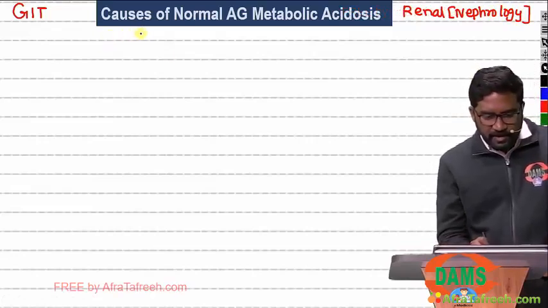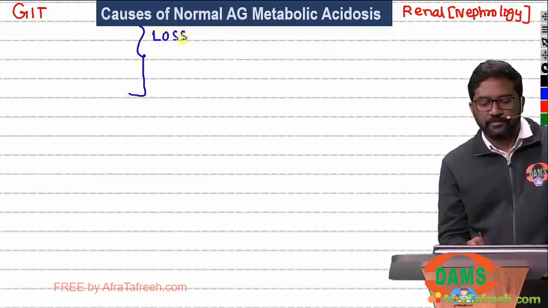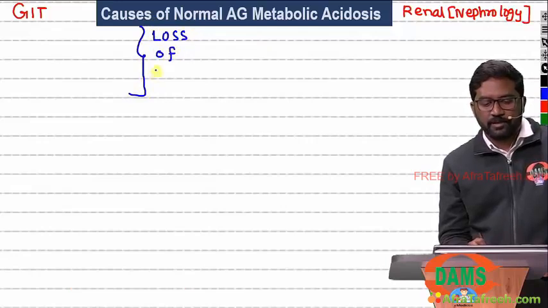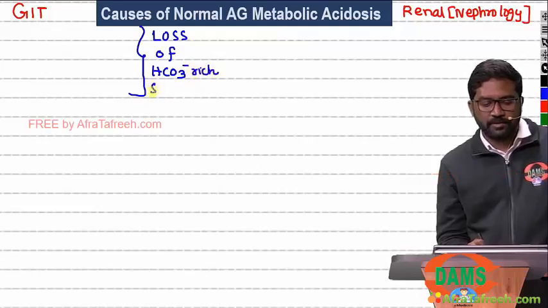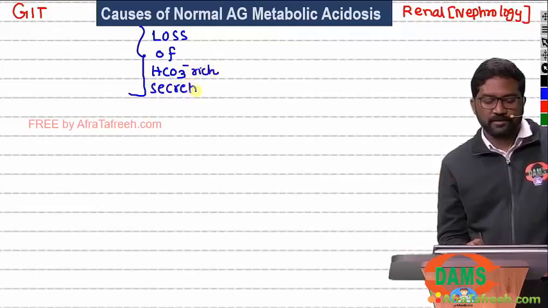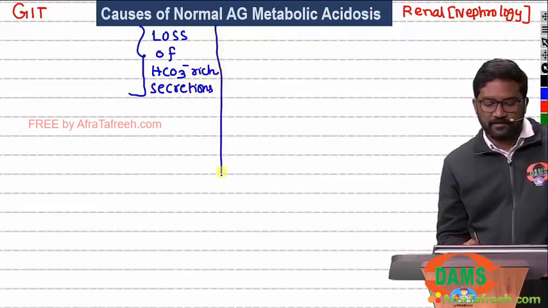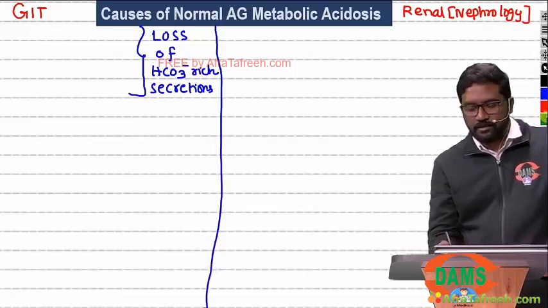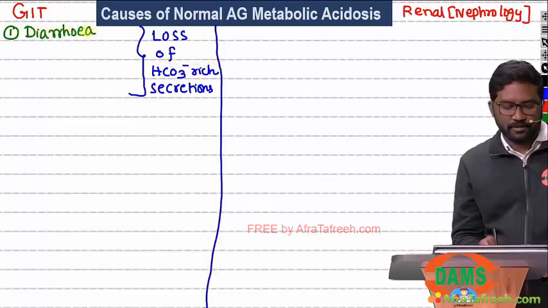The primary mechanism of most of the GI causes will be loss of bicarbonate-rich secretions from the body. So what are the conditions responsible? It can be due to diarrhea. You know what diarrhea is? Loss of lower GI secretions rich in bicarbonate.